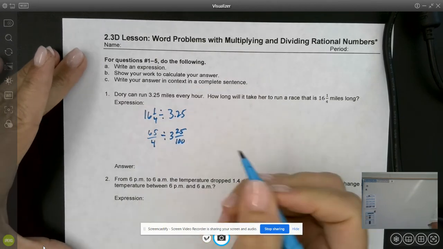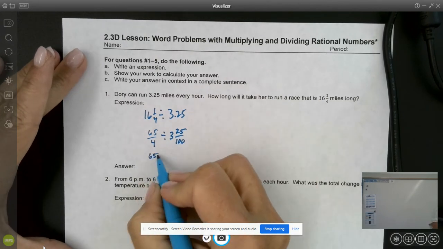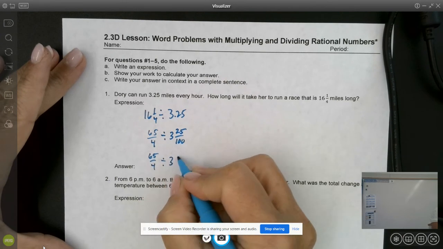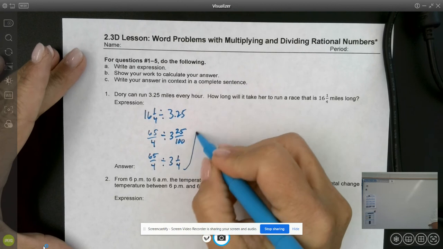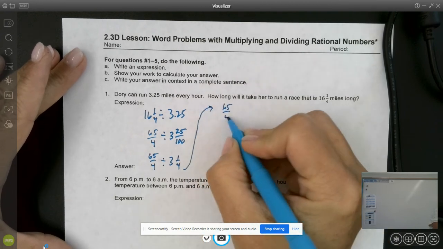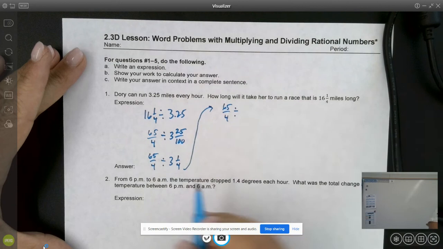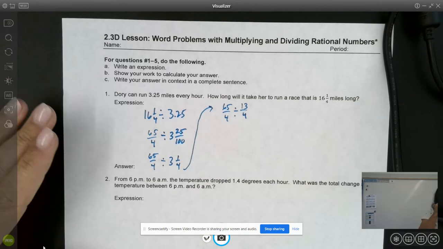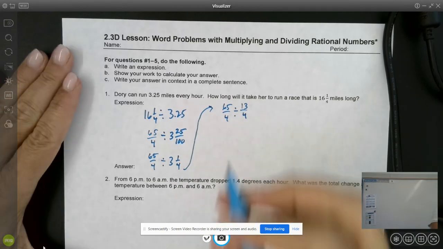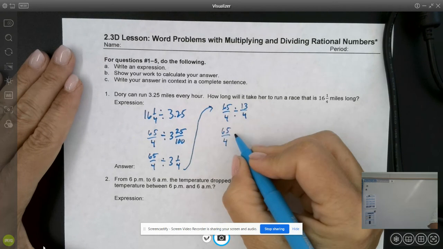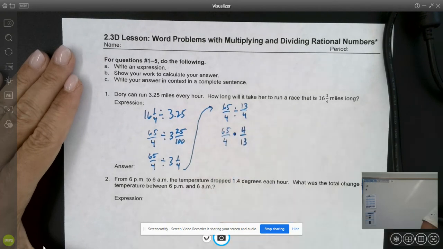So we've got 65/4 divided by, this would be 3 1/4. I'm out of space, I'm going to come up here. 65/4 divided by 4 times 3 plus 1 is 13/4. Remember, when you divide with fractions, you keep, change, flip.